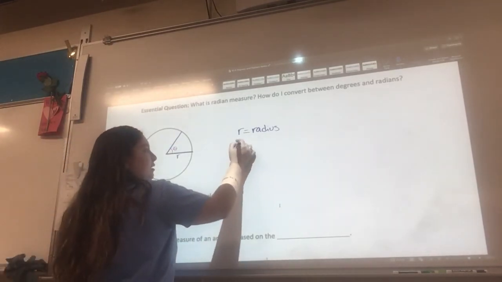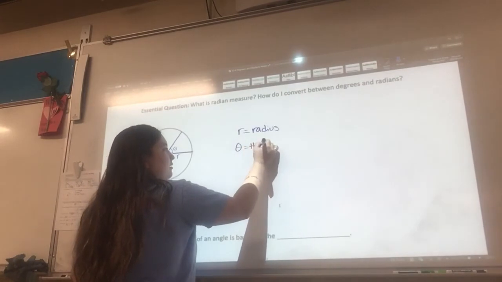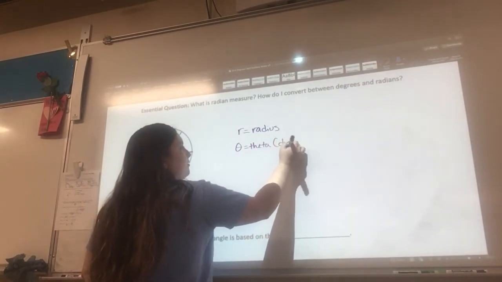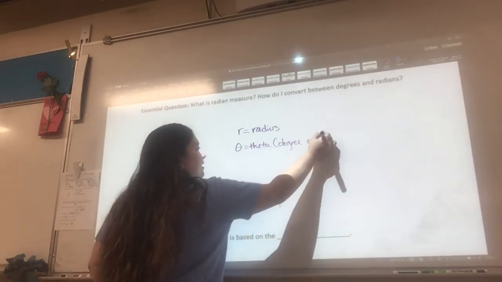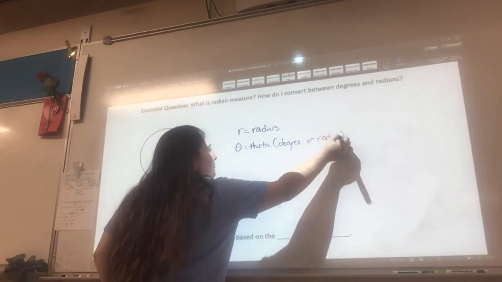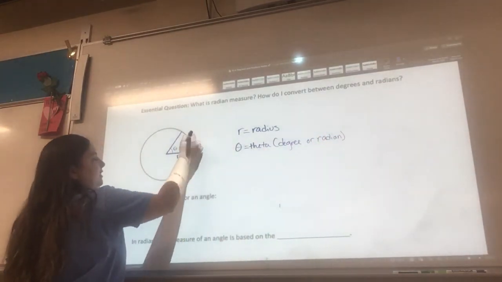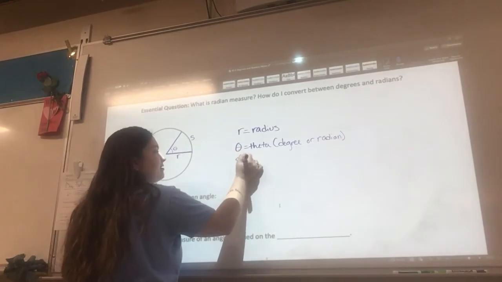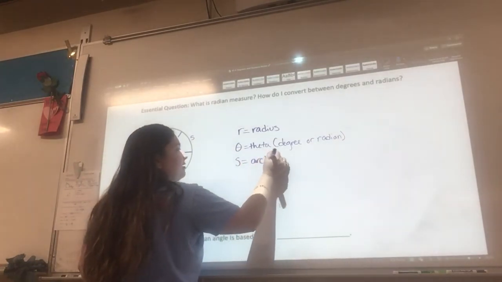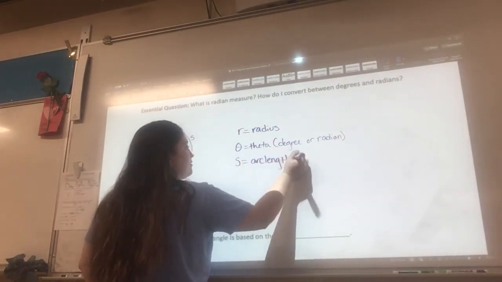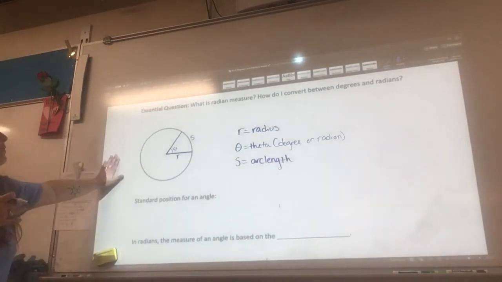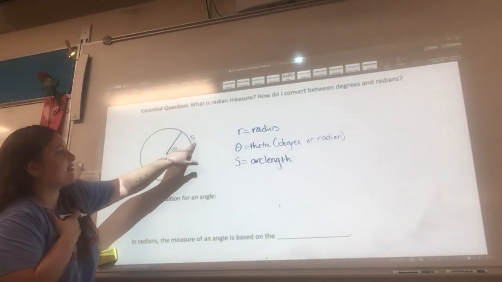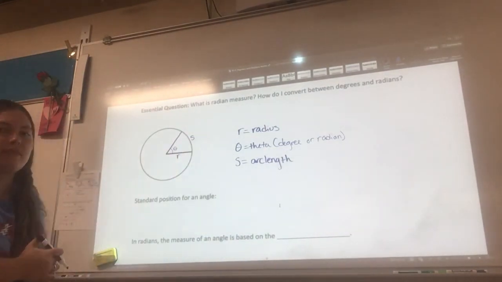So this is our theta, our degree or radian. We're going to see that in just a minute. And we can also find s, where s is our arc length. Do we remember that from our circles? So again, these are our basics: radius, arc length, and our degree of theta.